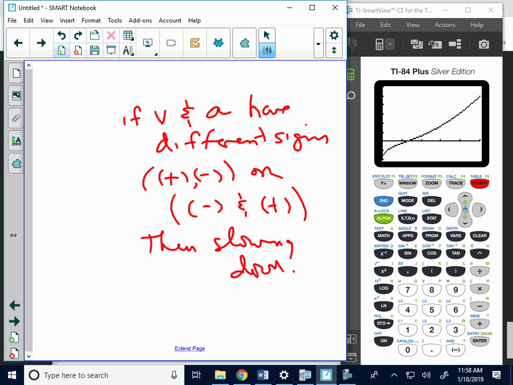As it was rising, is the velocity positive or negative? Positive, right? Yes, that's going up. It's the direction of motion. Is the acceleration positive or negative? Negative. Why? It's slowing down, right? As it rises, we know it's slowing. The velocity is positive. The acceleration has to be negative.